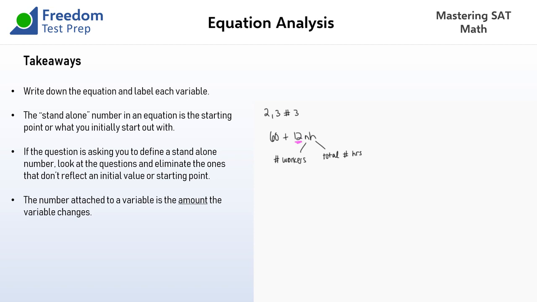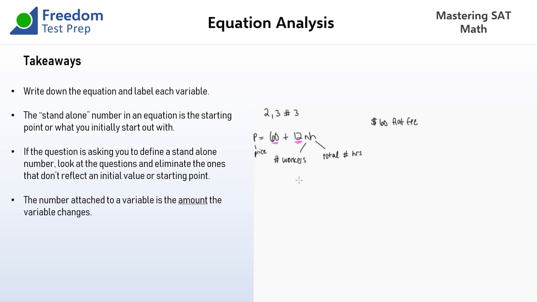Okay, now remember, the 60 is the standalone number, and remember, this expression is the price, the P, or the total price of the job. So 60 is probably $60, like a flat fee, right?